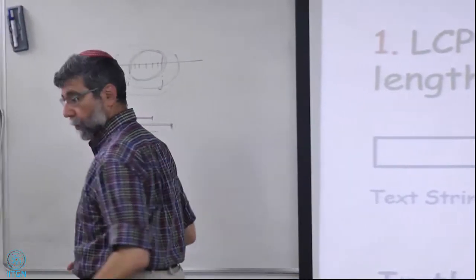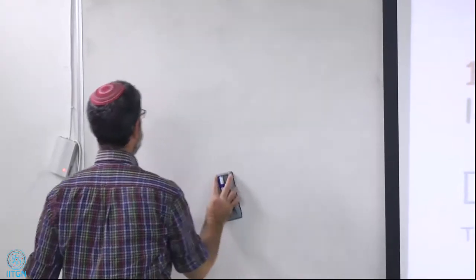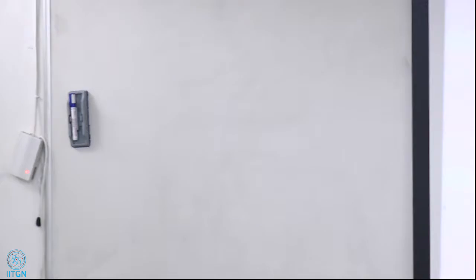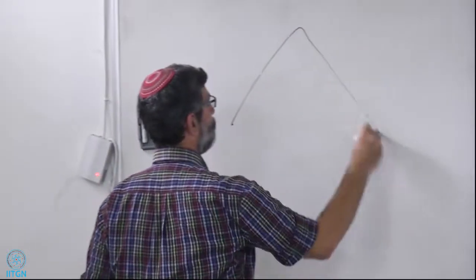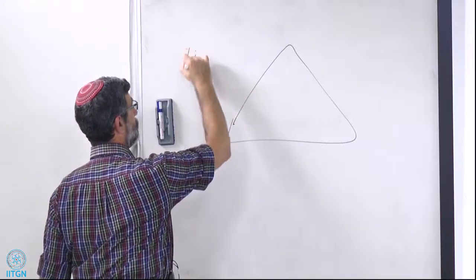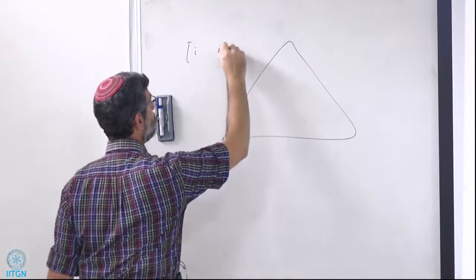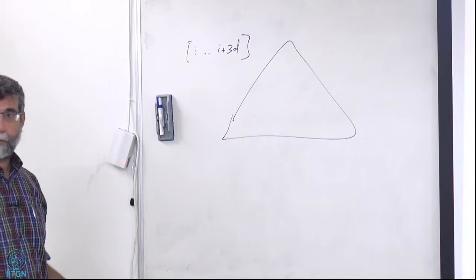Okay? So the longest LCP of nodes of this interval is going to be the one that we want. Let me draw this. So we built the suffix tree of I to I plus 3d. So we have this suffix tree.